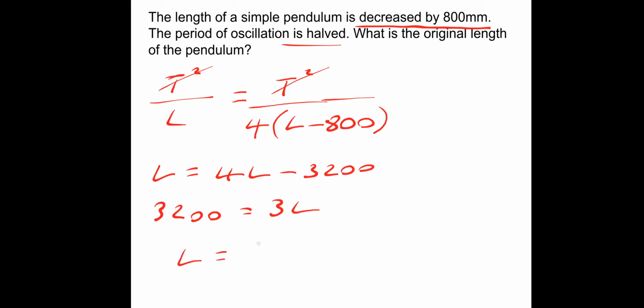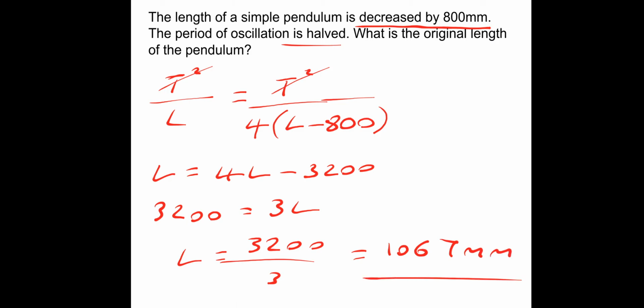So L is equal to 3,200 divided by 3, which gives 1,067 millimeters. Hopefully that went okay, you followed that one. Or even better, you got it right in the first place. Let's move on to the last one.